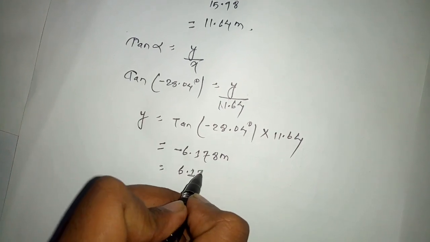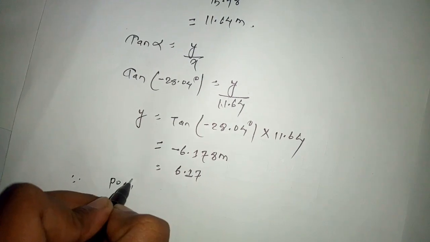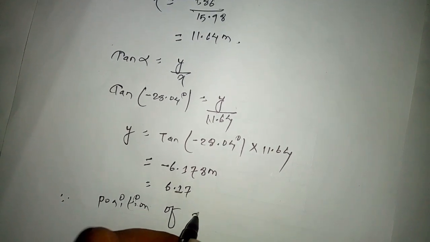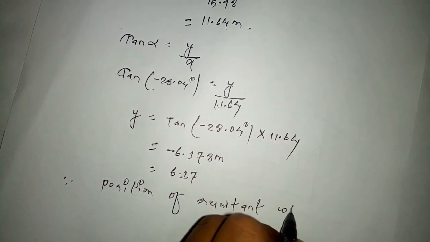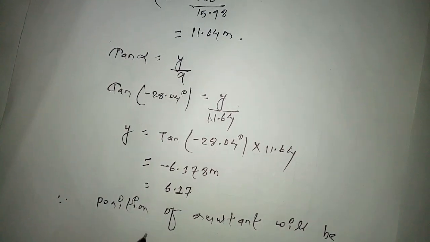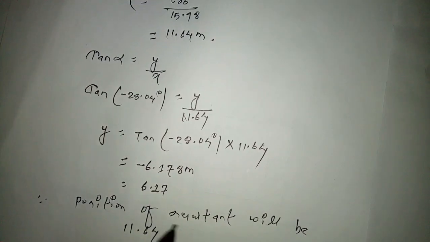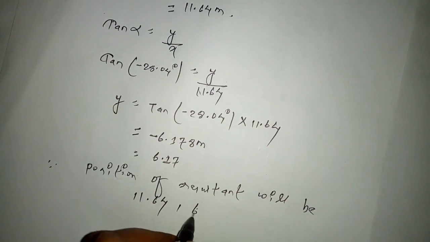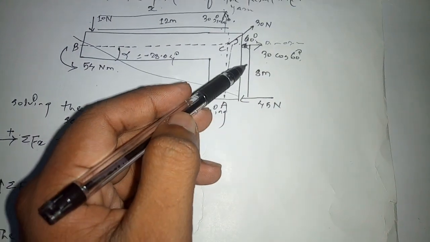Therefore, the position of the resultant will be 11.64 in the x-axis, at the distance from the x-axis, and 6.17 below the y-axis.